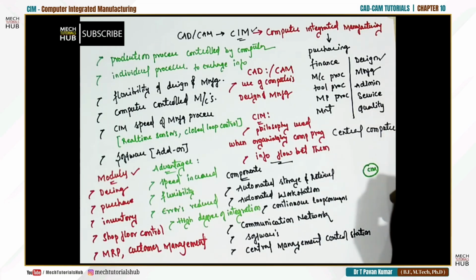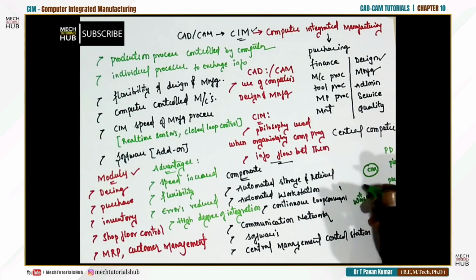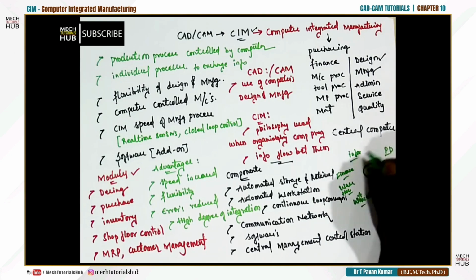It starts with product design, then comes planning, then purchase, manufacturing, automated work center, and then warehousing and information. All these departments are operated from one single centralized position.